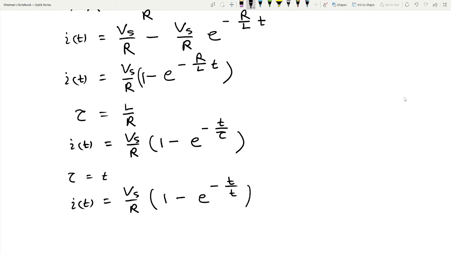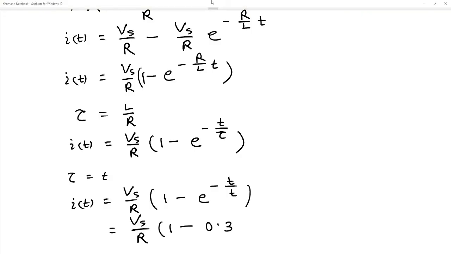Then we can write it as e to the power minus 1, so this is equal to Vs by R times 1 minus 0.368.